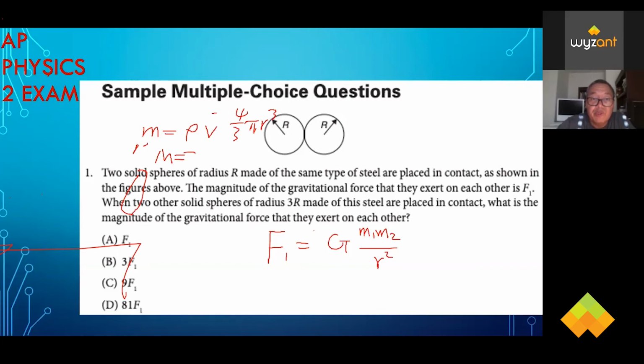So this one will equal 27 times the original m, right?